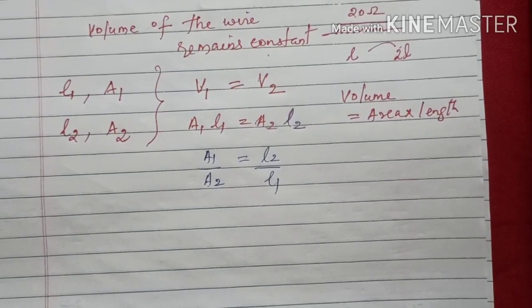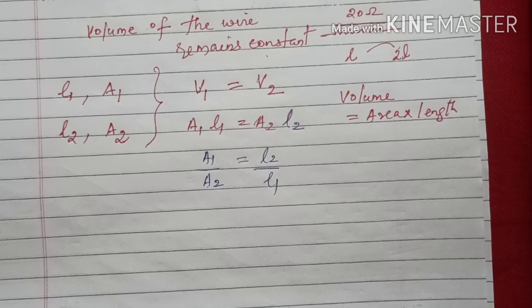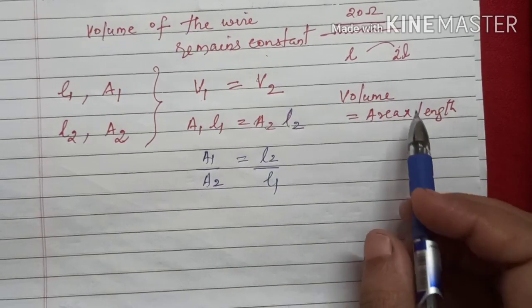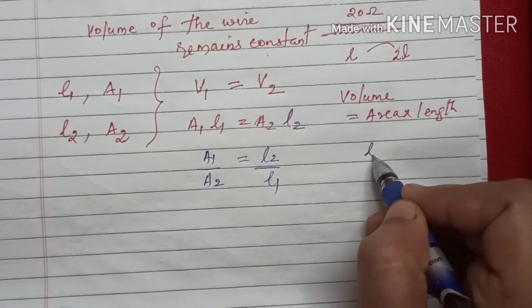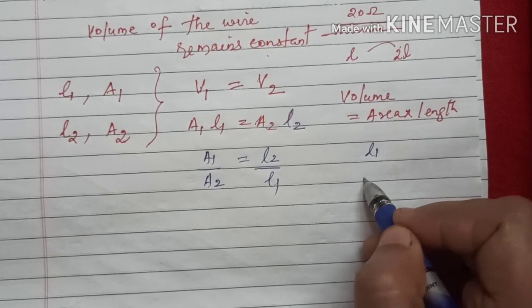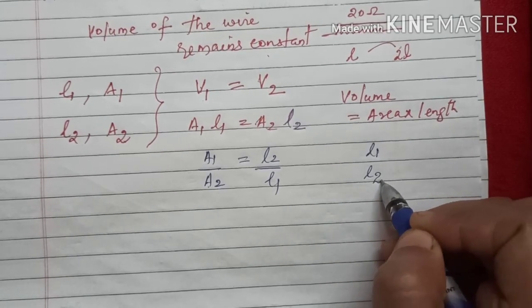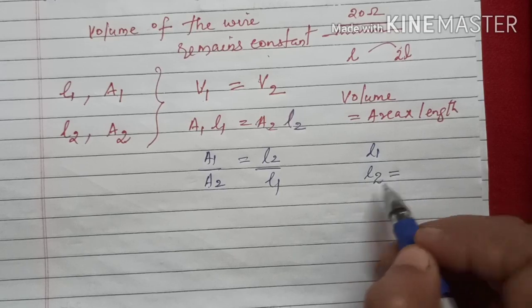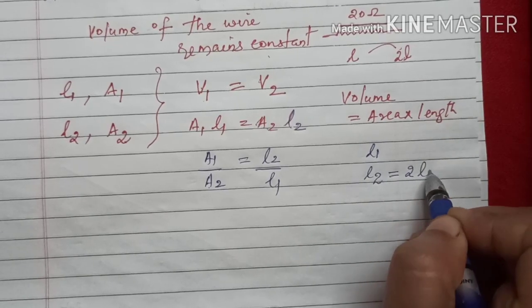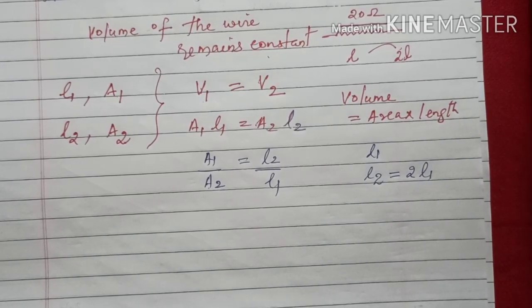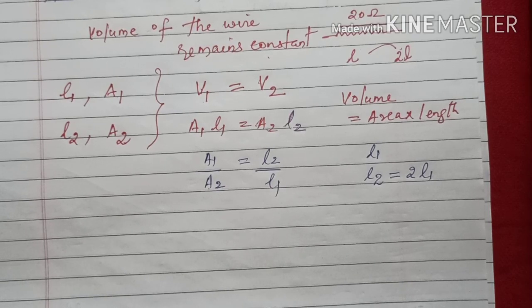Understand? In the question it is given that the first length was L1, and when the length becomes twice, the new length L2 is 2 times L1.